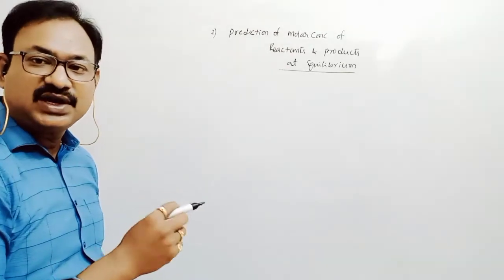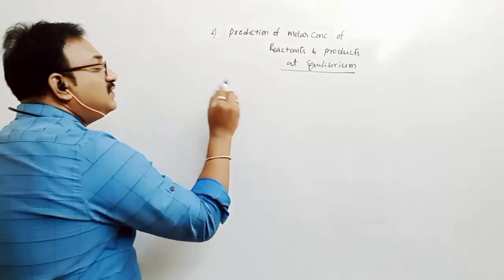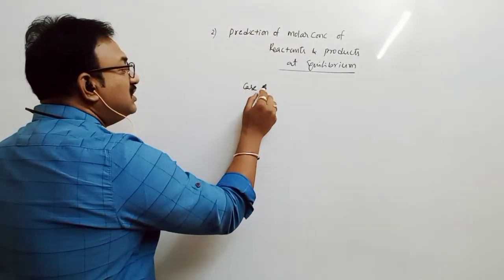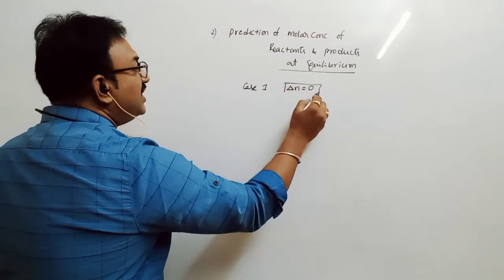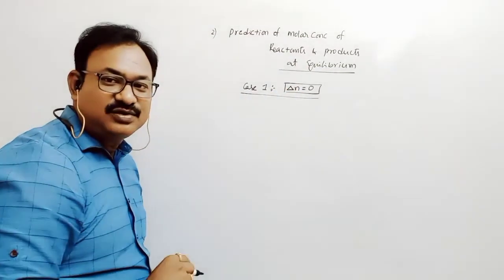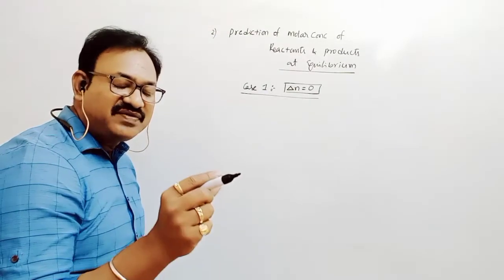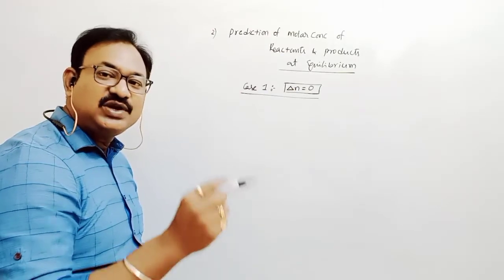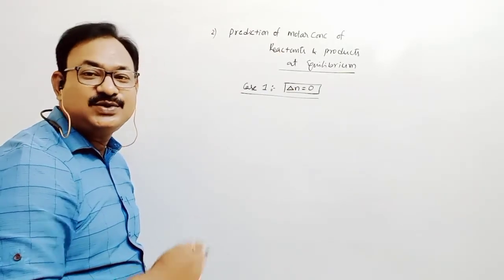So we can predict or we can find the values, right? See, first case 1, del n is 0. Now what am I taking in case 1? Process del n 0, meaning no change in gaseous number of moles. Sum of number of moles of product is equal to sum of number of moles of reactant. In such case, del n is equal to 0.